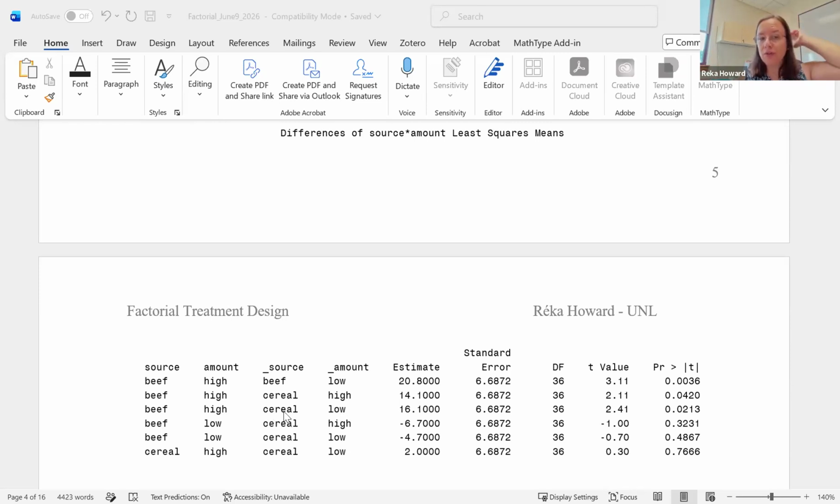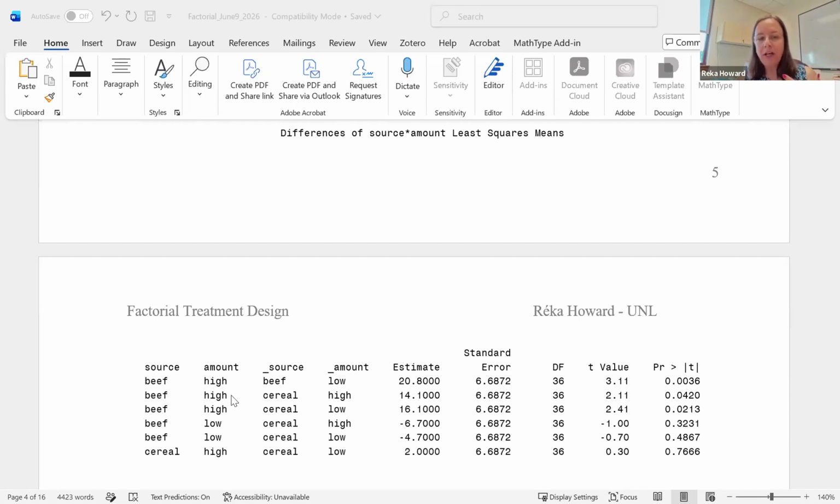So what we do for simple effect, we are comparing two factor levels. So let's say the high and the low at a specific level of this other factor. So at, let's say, beef or cereal. But here I have beef and I have cereal. So this third line is, for example, something that I'm not interested in.